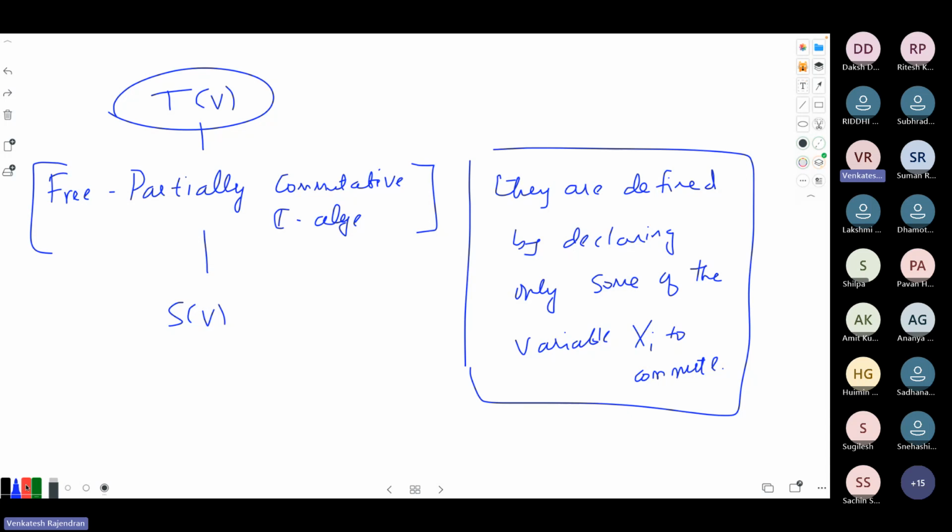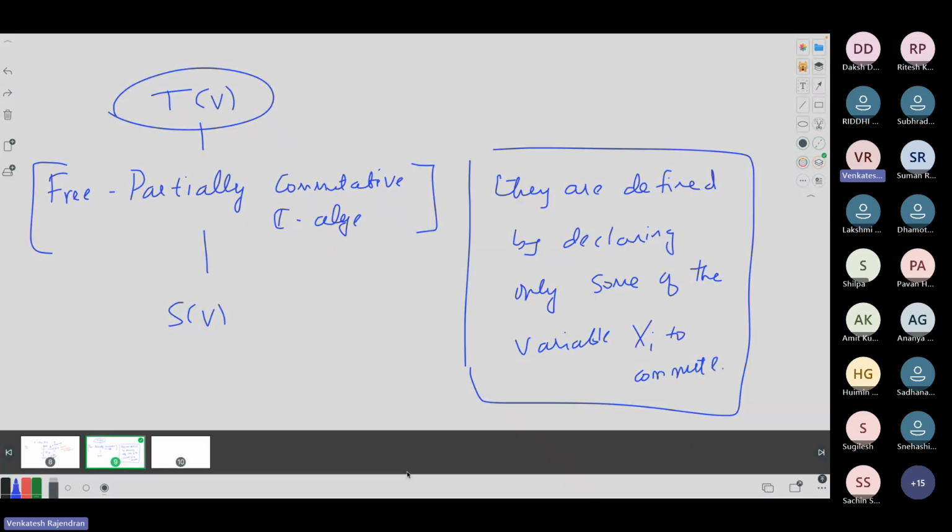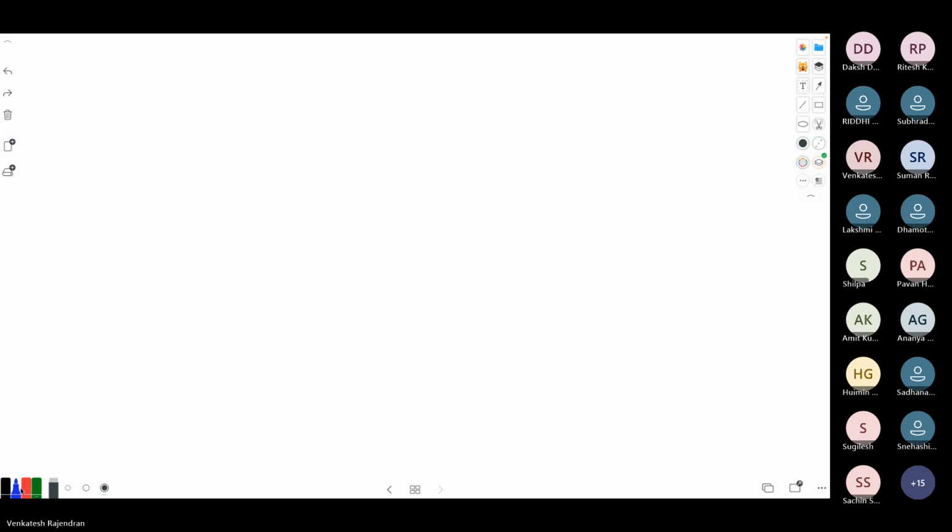So let me just write down the definition. This is one set of examples that you should always remember. Okay, so you have this tensor algebra. Let's say a graph is given.